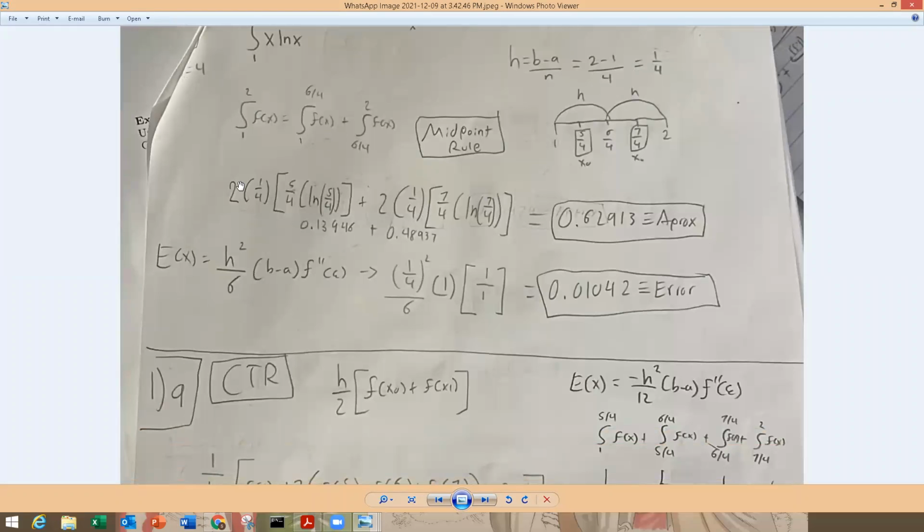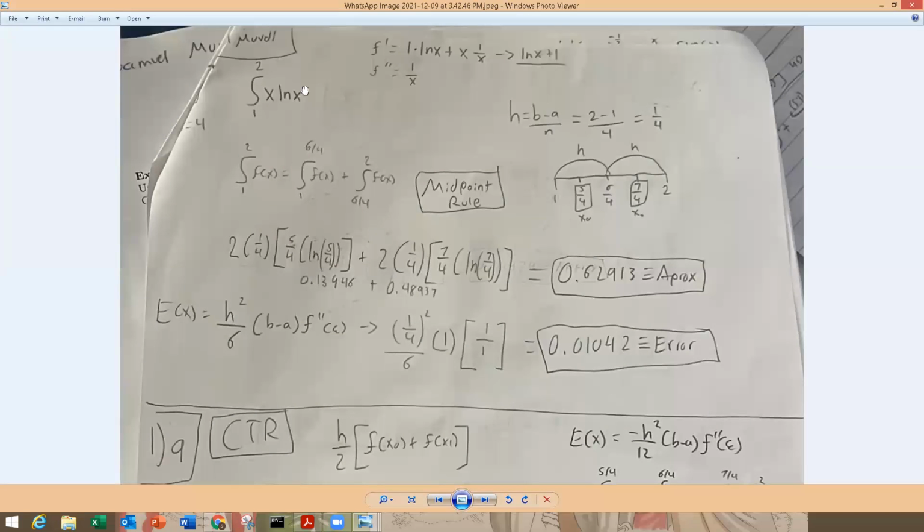Our h is the same thing, 2h f of x0, but we're just breaking it down into 2 intervals. That's why you see me do 2 times 1 over 4 times 5 over 4 ln 5 over 4, which is just plugging in 5 over 4, plus 2 times 1 over 4 times 7 over 4 ln 7 over 4. So if you actually see here, I get 0.13946 and then 0.48937.